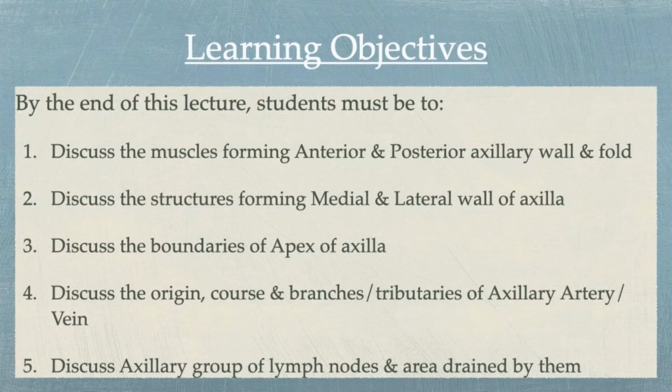You must be able to discuss the boundaries of the apex of axilla. And you must be able to discuss the origin, course and branches in case of axillary artery and tributaries in case of axillary vein. You must also be able to discuss the axillary group of lymph nodes and the area drained by them.